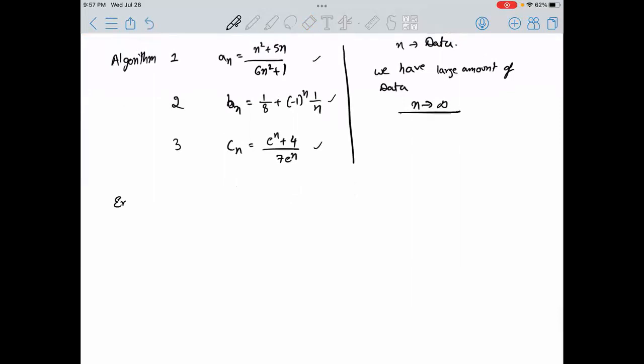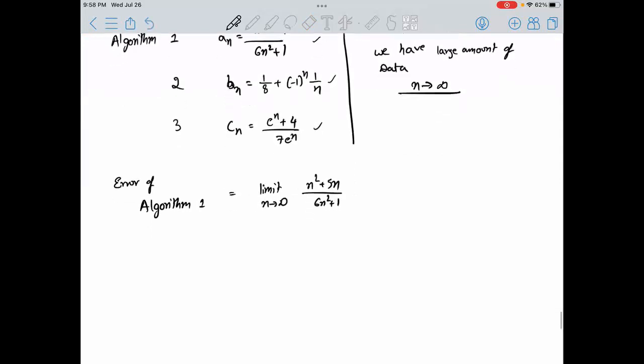So the error of algorithm 1 is equal to limit n tends to infinity of n square plus 5n divided by 6n square plus 1. Look, here n tends to infinity means 1 by n tends to 0. Agree?